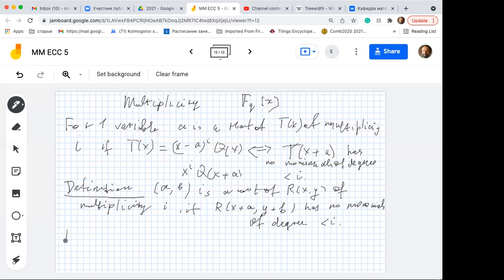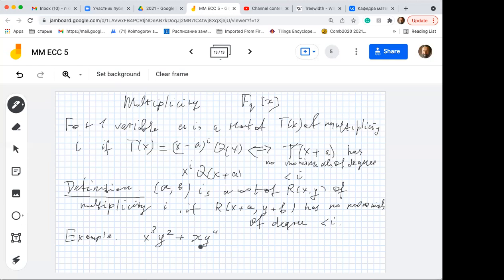Here is an example. Say x cubed y squared plus x y to the 4th. This polynomial has certainly the root 0, 0.